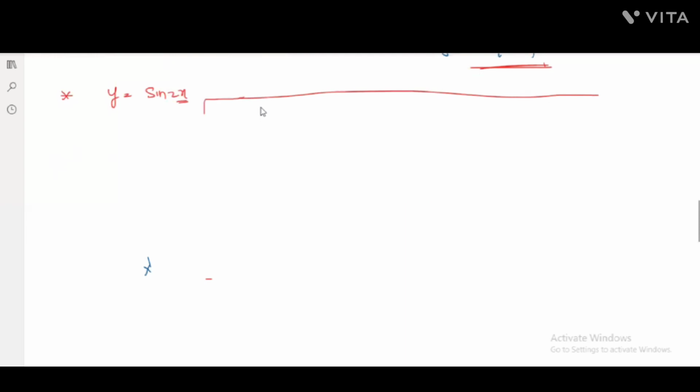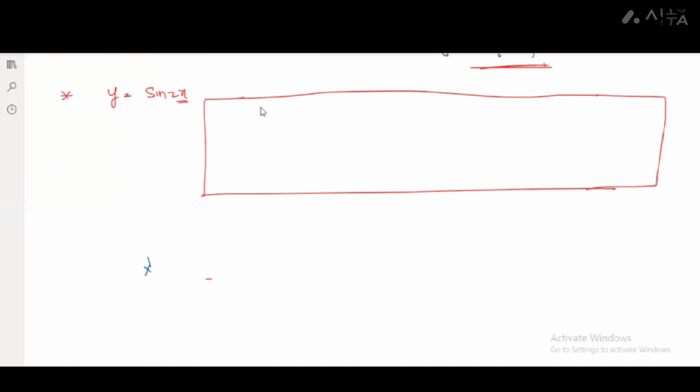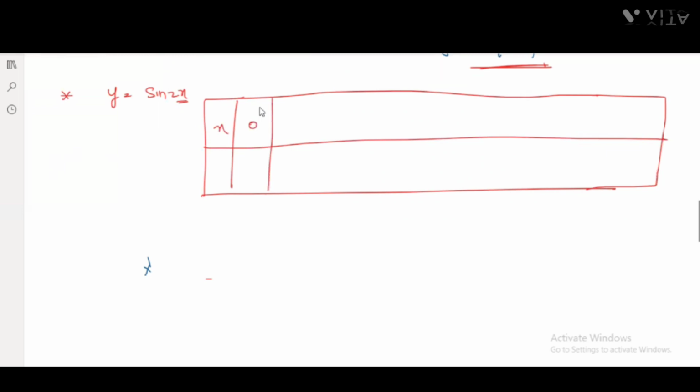I'll take the values in tabular form for sin 2x. Consider the values of x as 0, pi by 4, pi by 2, 3 pi by 4, and pi.